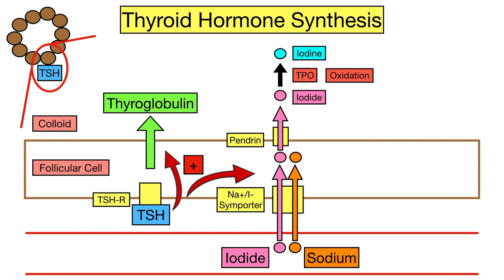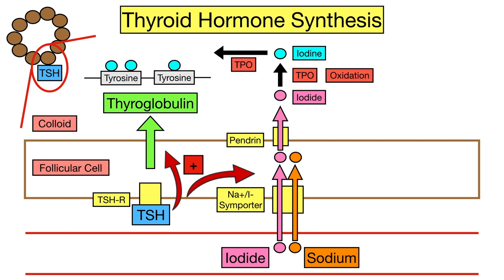As we mentioned before, thyroglobulin is a protein, and we know proteins are made of amino acids. Thyroglobulin contains tyrosine amino acids. The thyroid will again use the enzyme thyroid peroxidase to place iodine onto the tyrosine. This process is called organification or iodination of thyroglobulin. We know from our medical terminology video that the prefix mono means one and di means two.